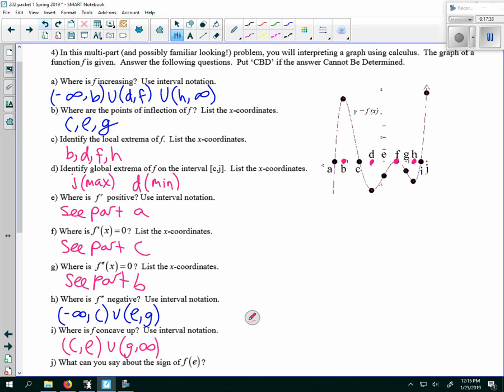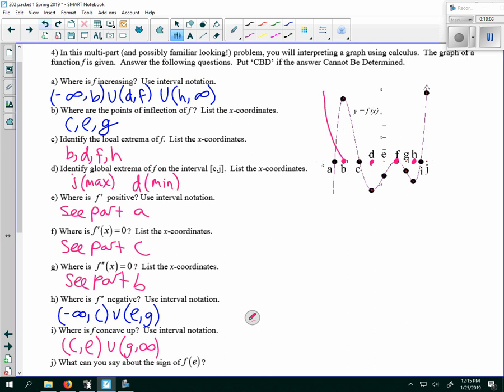And now I just have to look at the sign of the derivative before and between each of these zeros. So before B, I'm looking at the tangent lines on the graph of f. They are all positive, which means that the derivative has to be above the x-axis.